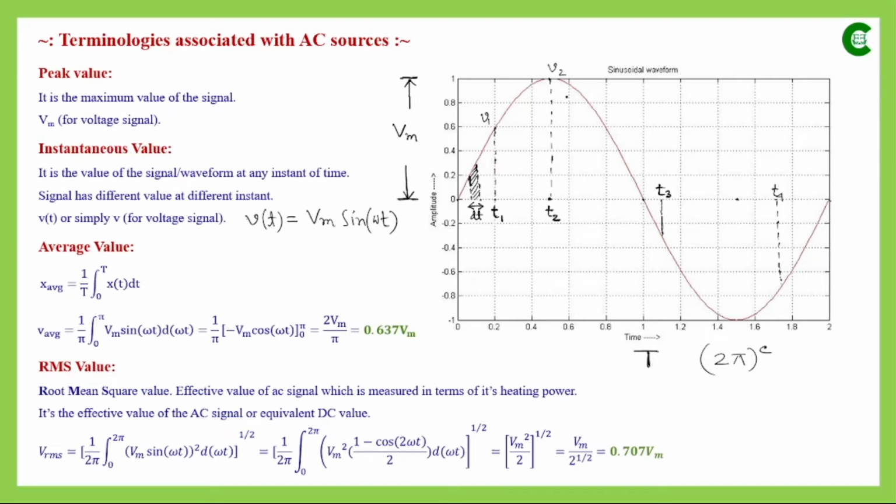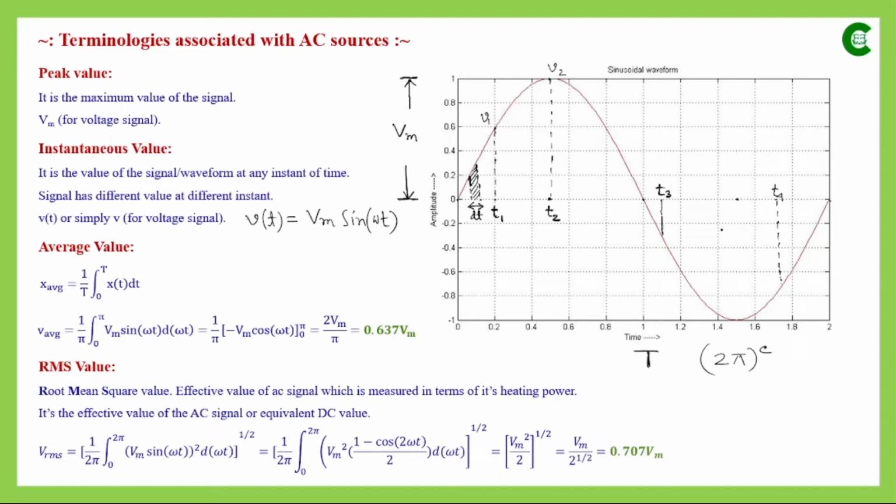So if we consider the total time period, the average value will have some positive value, and for the negative cycle it will have the same value with a negative sign. So they will cancel each other, and finally the average value for any kind of AC signal, be it sinusoidal or non-sinusoidal, will always be 0.